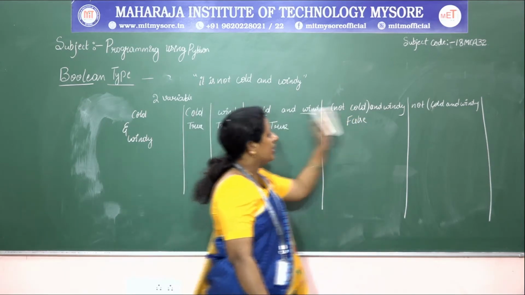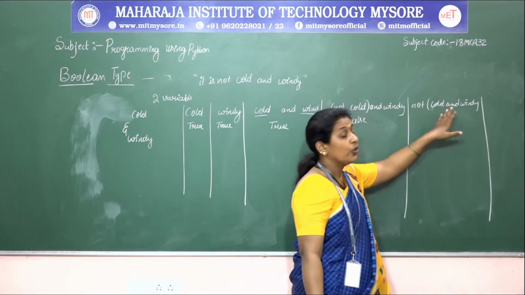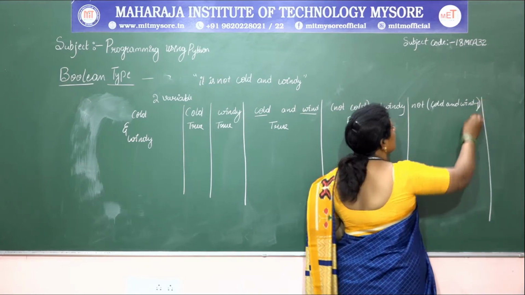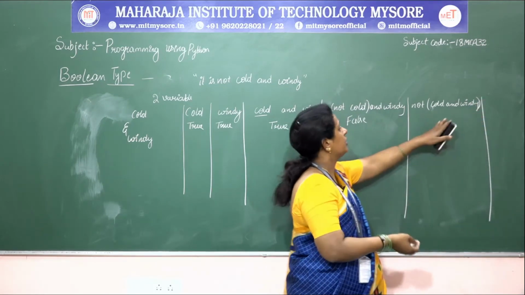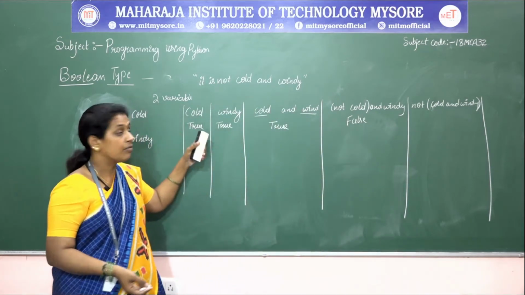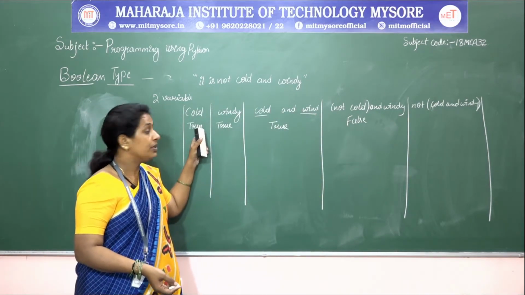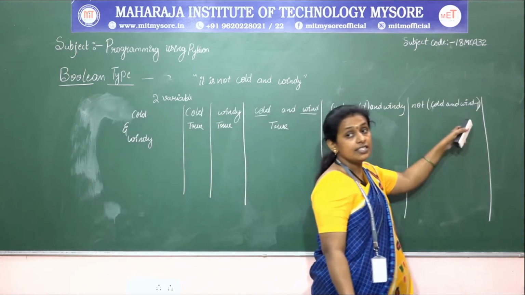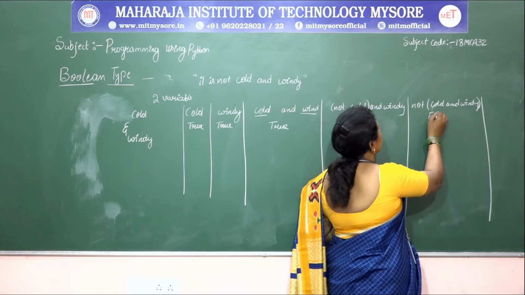Next, there is no cold and there is no wind. No means we need to apply negation; here we assume that both are there, cold and wind. So when we apply this, we get the output as false.